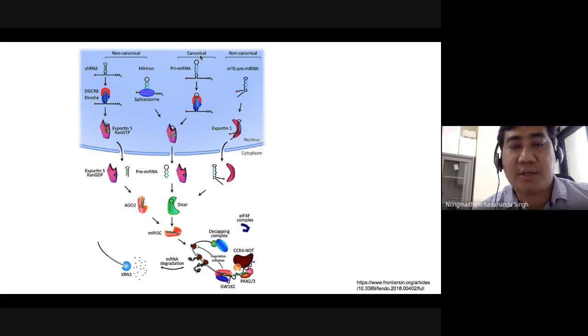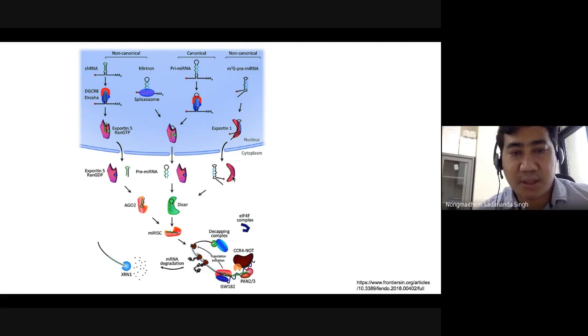But in the non-canonical pathway, it can also come from the RNA polymerase 2 mediated transcript. So in this case, you will have an M7G cap, and these structures are exported out depending on the recognition of these microRNA structures through exportin 1 and come out of the nucleus.